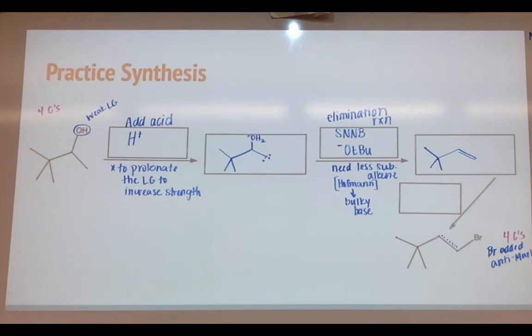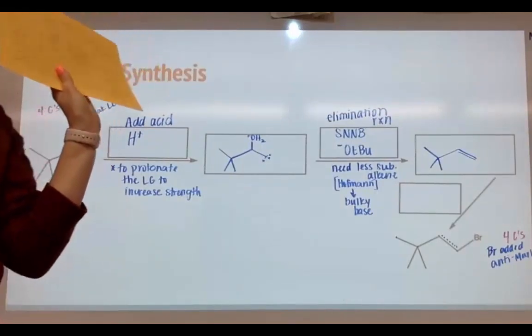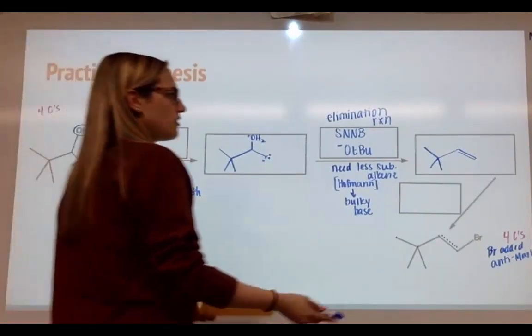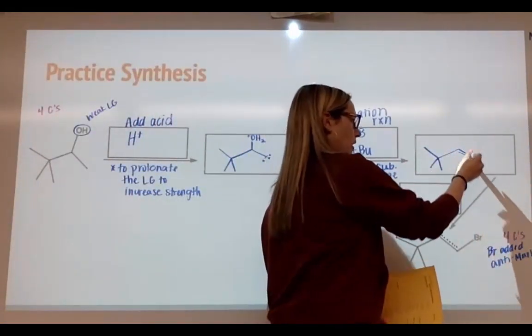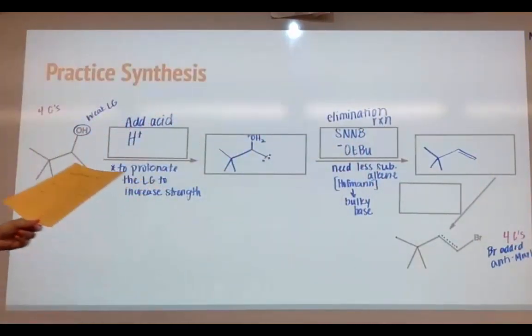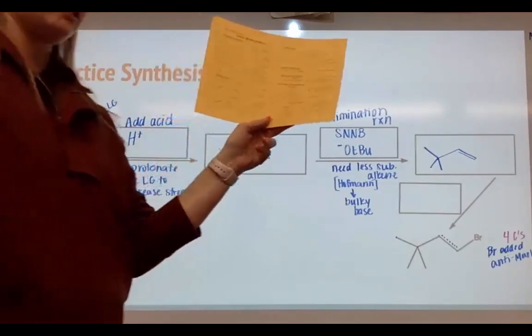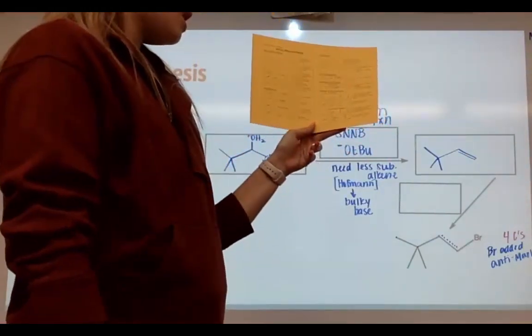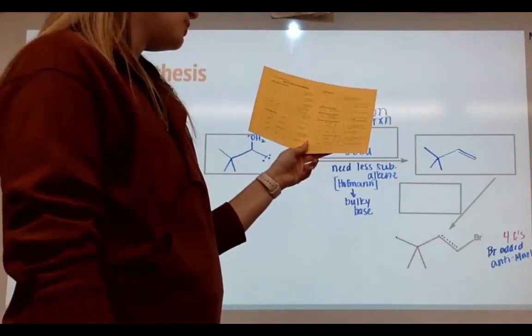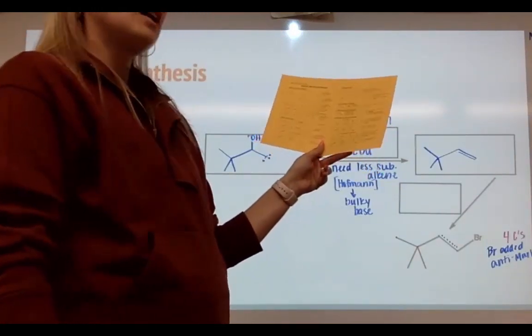Now this last step is where we might need to use our reference sheet. So we have an alkene. We need to get bromine added in an anti-Markovnikov fashion. If you look at your reference sheet, this orangish, yellowish, goldish sheet, if we start with an alkene, how can we get Br added anti-Markovnikov?